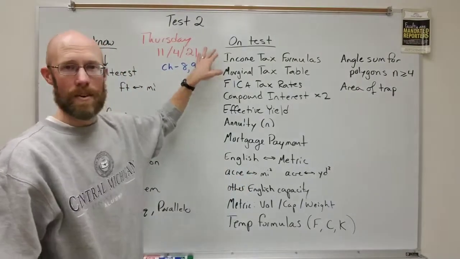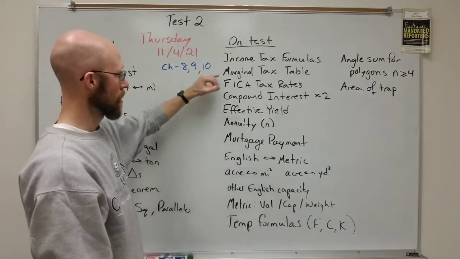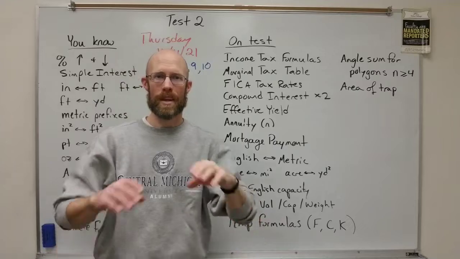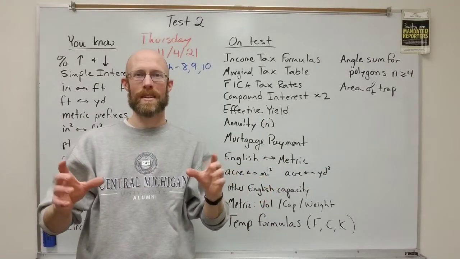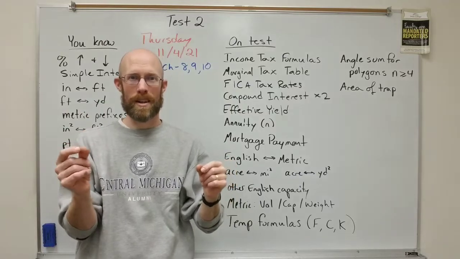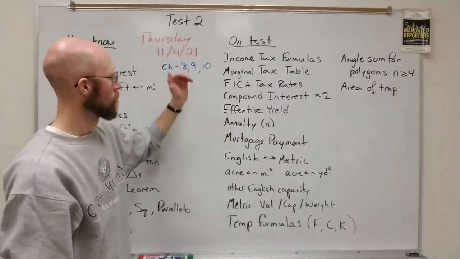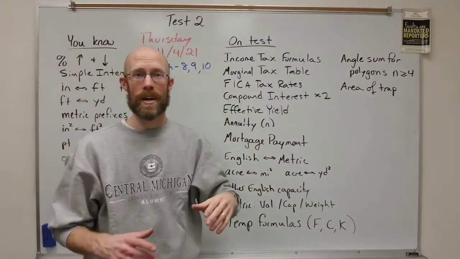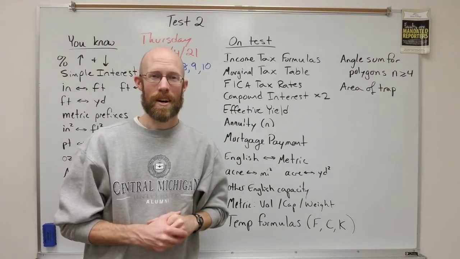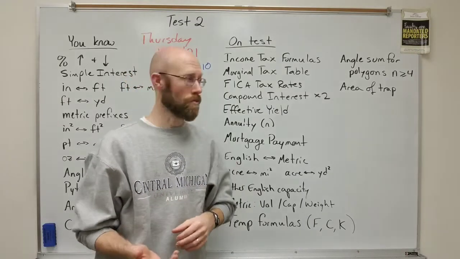So all that stuff, I'll give you those formulas. I'm not expecting you to memorize all that. The marginal tax table, okay, so the tax table that you guys had to figure out, do I apply 10% or 15% to my taxable income, all that stuff. That'll be given to you. Your FICA tax rates, so any of those extra details about the FICA taxes, I'll give you that information as well.